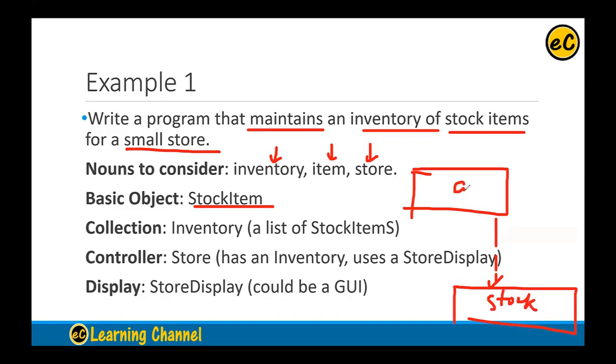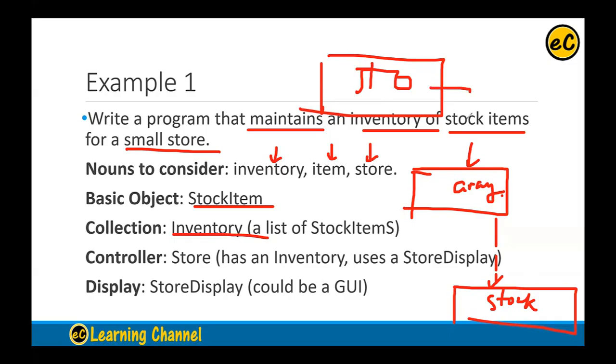So maybe there is an array or ArrayList of stock items inside the inventory class. And then store is another class. Store may have an inventory. Okay. And then there may be a module to do the display of the system. And then this controller also controls the display part. So this is roughly the classes and objects that we need to have.